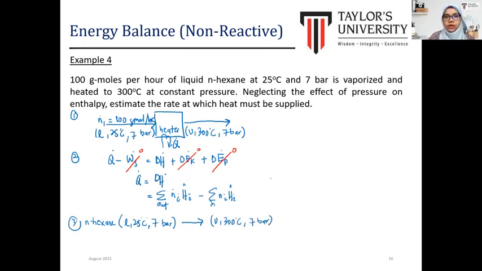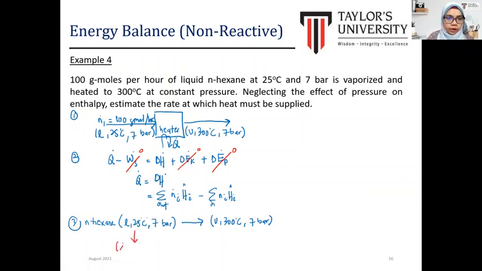The first thing is to check the boiling point in table B1. What is the boiling point of n-hexane? Because from liquid to vapor, we need to find the boiling point before we can move from the boiling point to the desired output temperature. So you can perform the path.